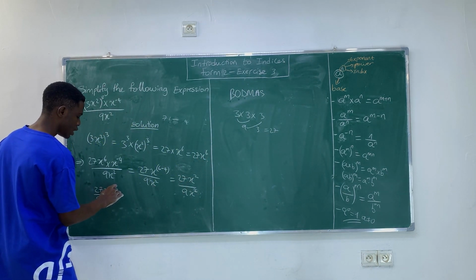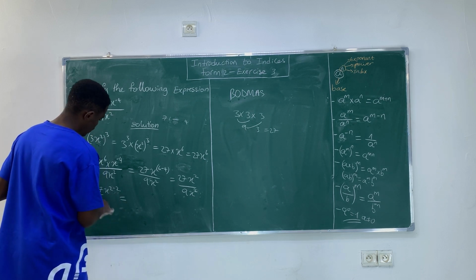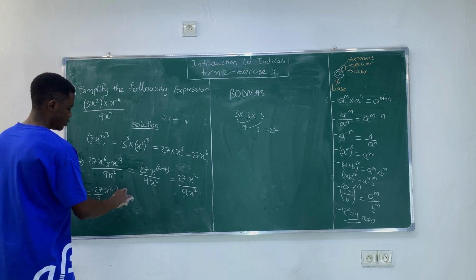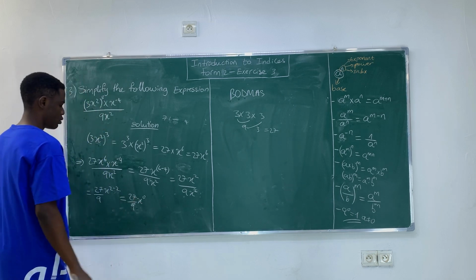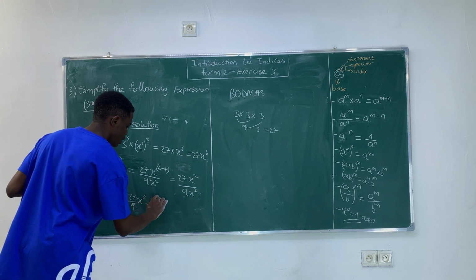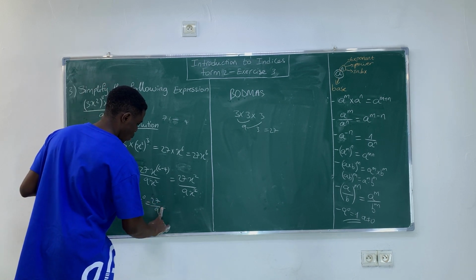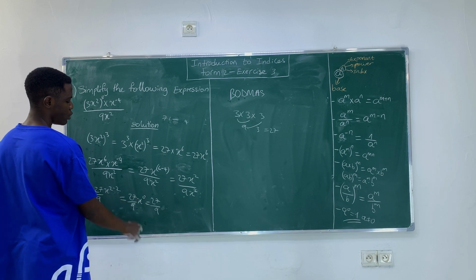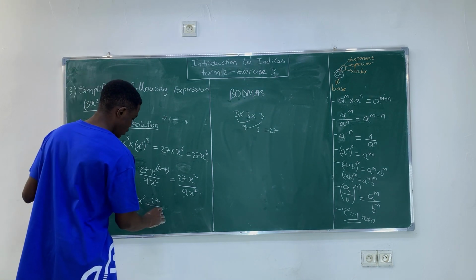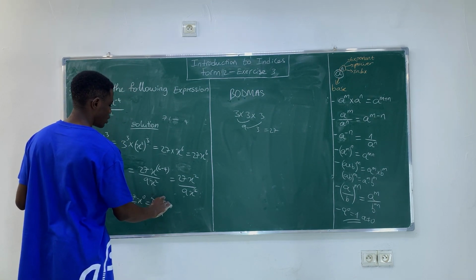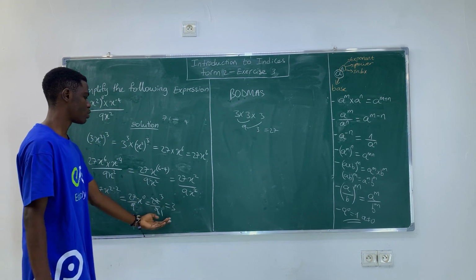So it's x to the power 2 minus 2, which is going to give you 27 over 9 x to the power 0. x to the power 0 is 1 because anything raised to the power 0 is 1, where x is not 0. So 27 over 9 times 1, and you are going to have 3. So this is one method you can use to solve it.